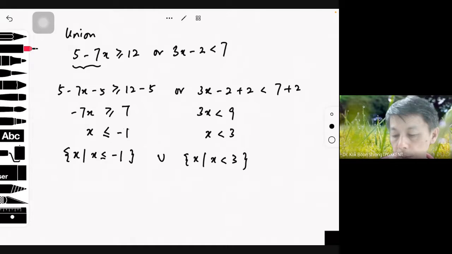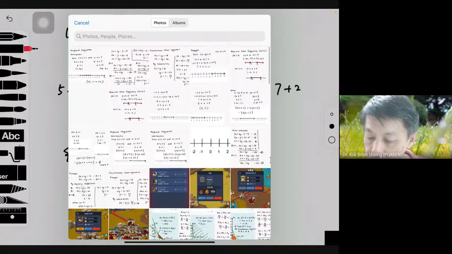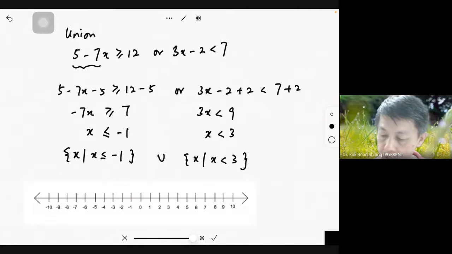So what did this become? Smaller than 3.